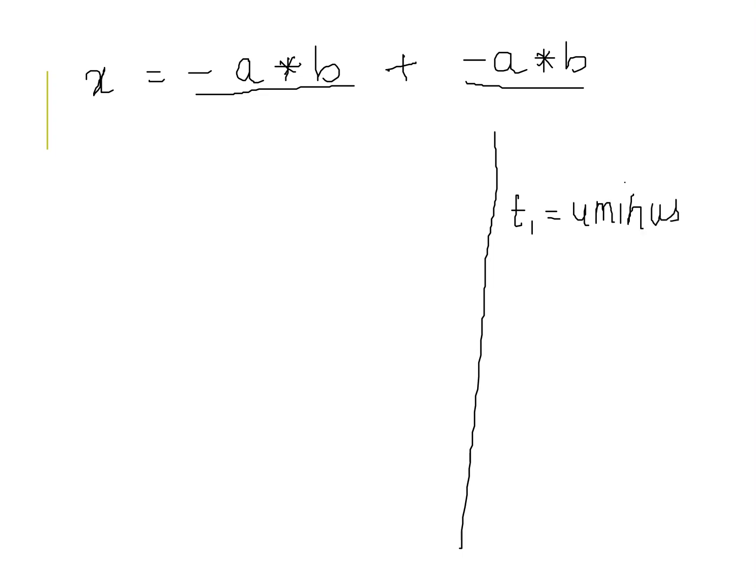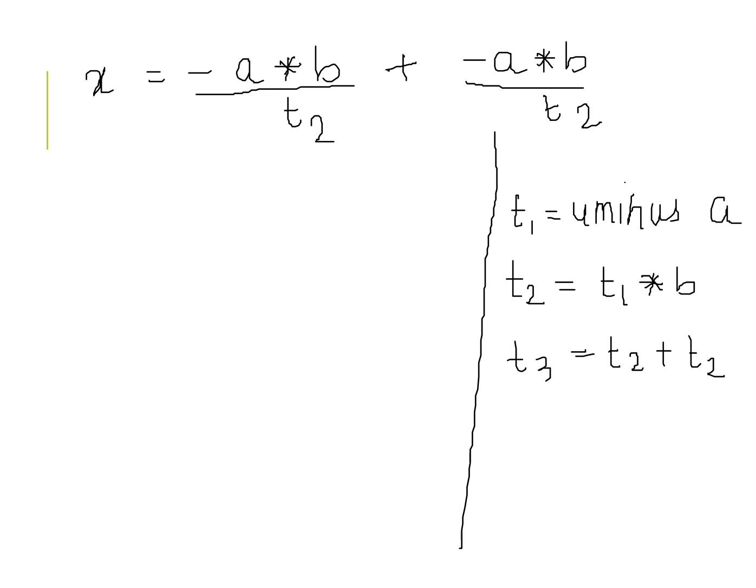Then I will multiply unary minus with B, making another equation T2 is equal to T1 into B. Thus this entire expression is T2 and this sub expression is T2. I will have to add it, so it is T2 plus T2, and the result goes in a temporary variable T3. Finally, I will write x is equal to T3.